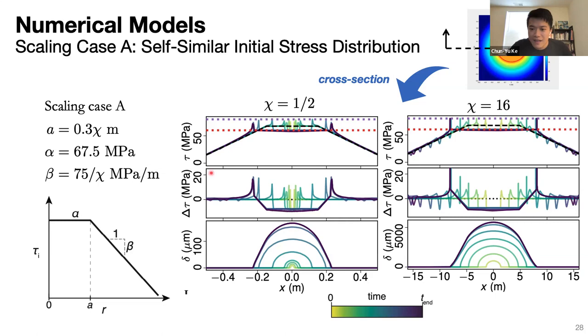The dashed black line on the top panel here is the initial stress, and the purple and red dotted lines indicate the level of peak strength and the residual strength, respectively. As you can see, the initial stress looks identical at different scales, while the space is 32 times wider on the right. And the resultant stress change profile and slip profile are also nearly self-similar, as we expected.